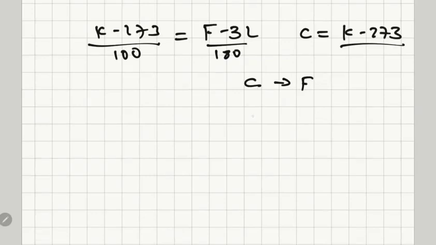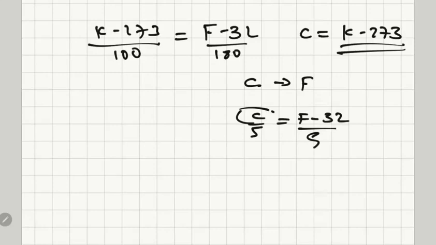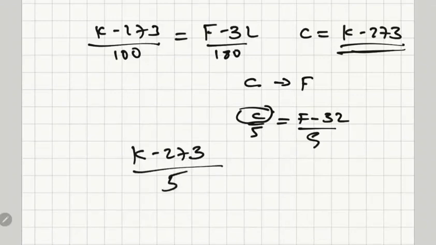We have already derived the expression that C over 5 is equal to F minus 32 over 9. But this C is this one. Simply, you can generate the relationship between Kelvin and Fahrenheit. So instead of C, you can put K minus 273, divided by 5, is equal to F minus 32 over 9.